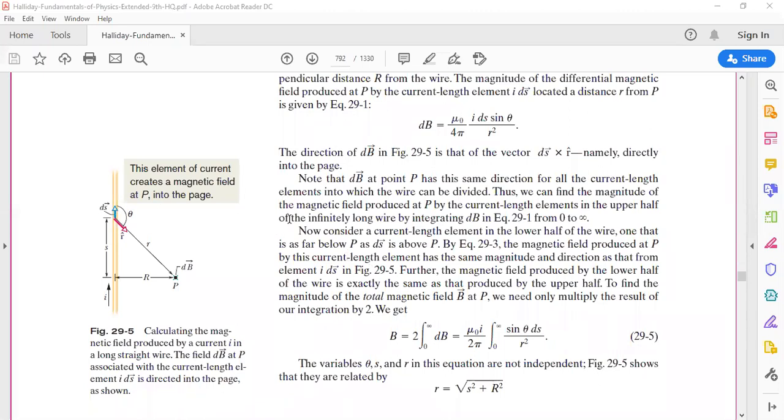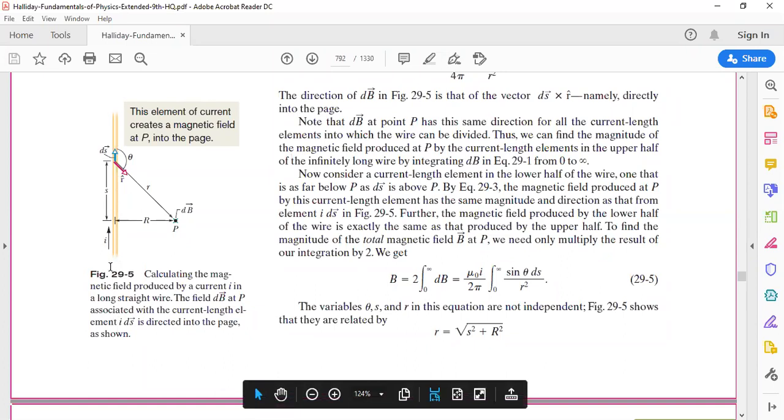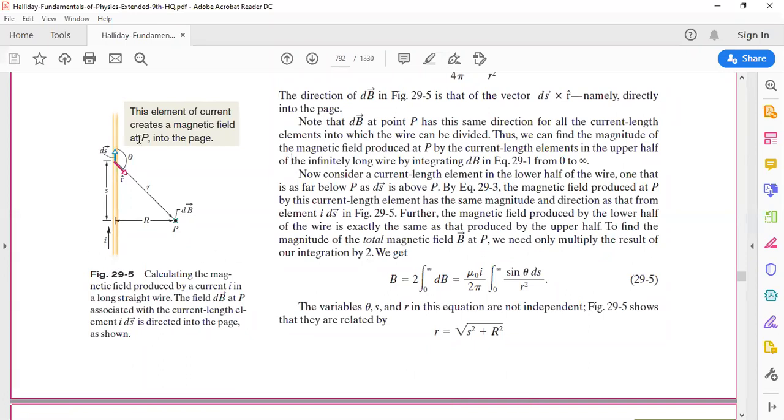Because this is a straight line, symmetry exists in such cases. Symmetry means the same element is on the other side of the wire, in the downward direction, right? So the magnetic field will have the same magnitude as in this figure and on the other side, in the downward direction from this point.